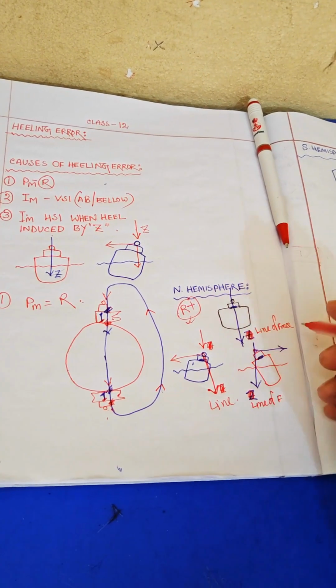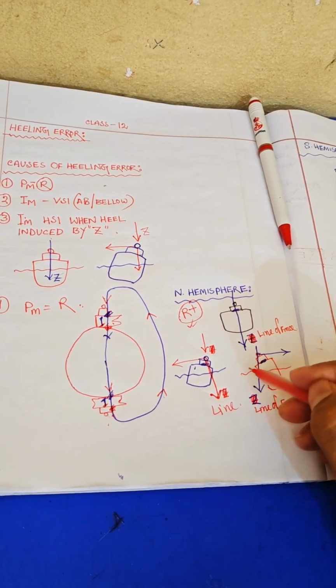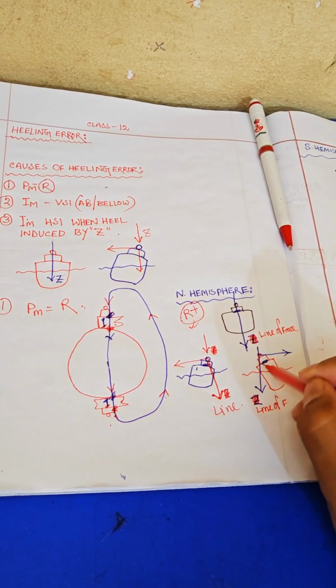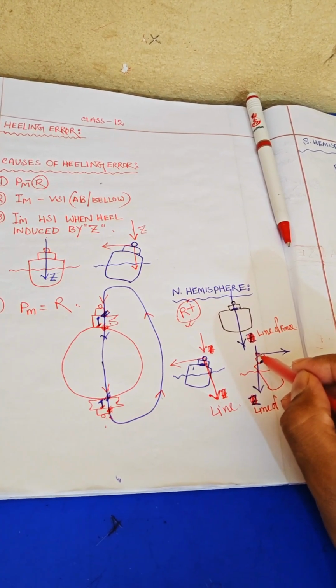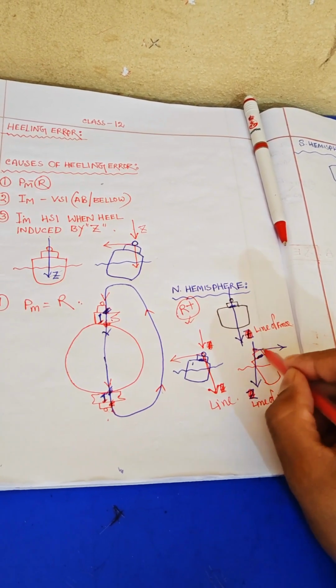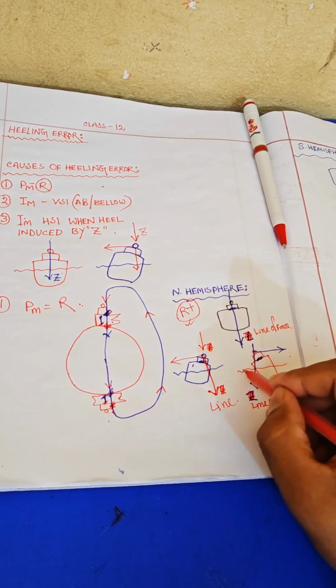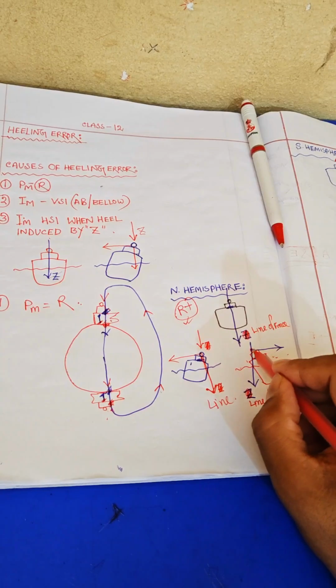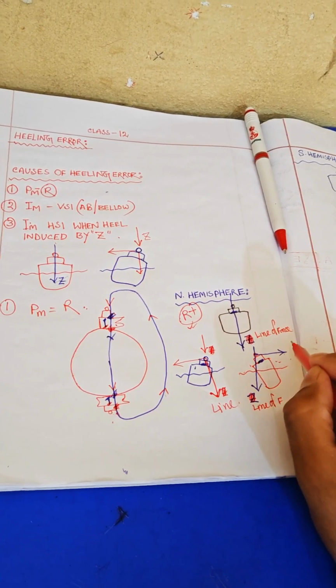Same here for the rolling to the port side, so this line of force is acting downwards. No problem, but one horizontal component will be created on the high side of the rolling. This vessel is rolling, this side is the low side and this side is the high side, you know that. So this horizontal component on the high side will create the deviation.